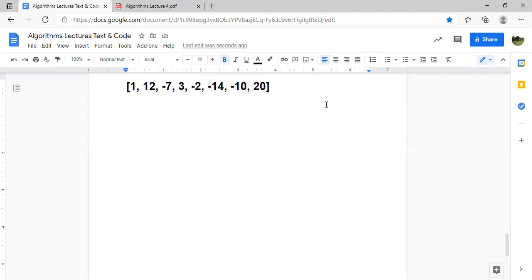Maybe in this case, the total number of elements is 8. So this 8th index, starting indexing from 1, this alone is the best subarray. If I try to include anything else, I will have to include these negative numbers, and that will take the sum below 20. I can try to include this 12. If I include this 12, then I should include this 1.